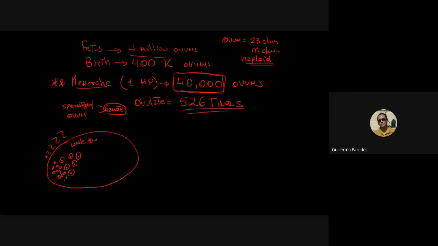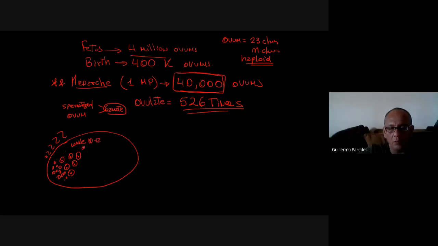About 10 to 12 of these ovules. From these 10 to 12 ovules, 11 are going to be reabsorbed. 11 are not going to make it. 11 are going to stay in the ovary and be dissolved. And only one ovum is going to be released.